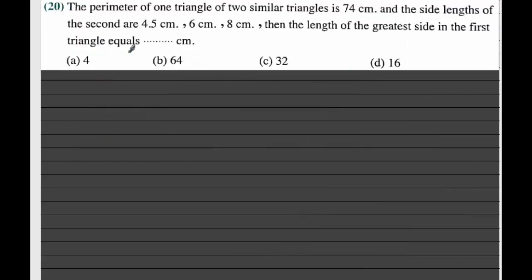Question number 20. The perimeter of one triangle of two similar triangles is 74 centimeters, and the side lengths of the second are 4.5 centimeters, 6 centimeters, 8 centimeters. Then the length of the greatest side in the first triangle equals.